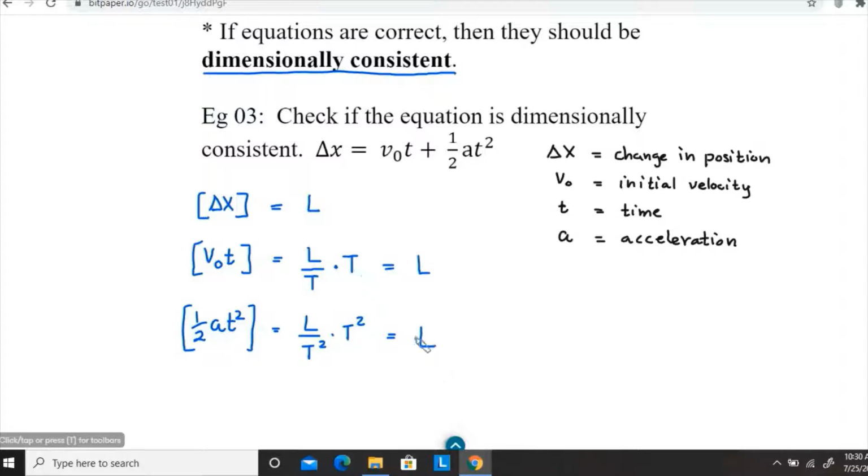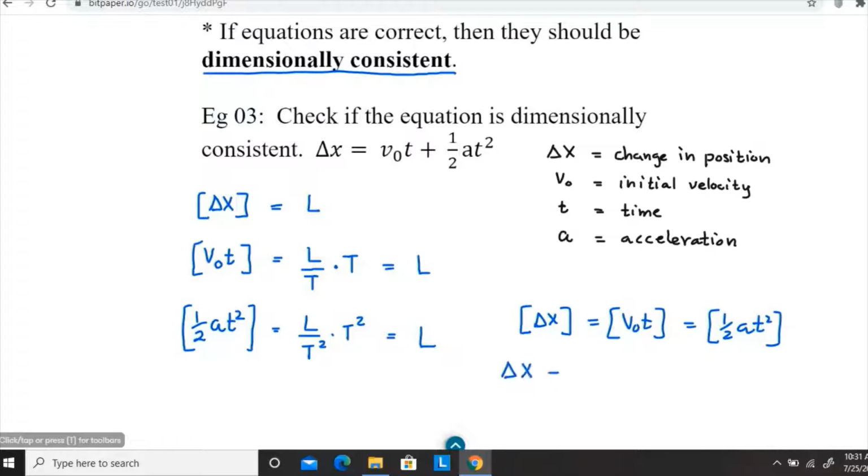So all three terms have the same dimension. We say dimensions of delta x is equal to dimensions of v naught t is equal to dimensions of 1/2 a t squared. We don't consider dimensions of a constant. So this tells us that the equation is dimensionally correct.